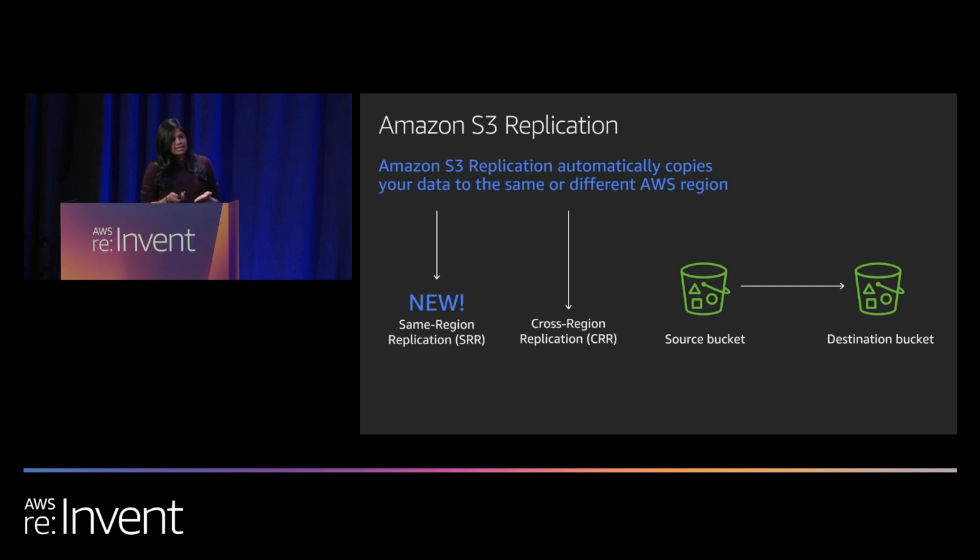Customers asked us to extend this capability so that they can have a destination bucket in the same AWS region as the source bucket, and we recently announced just that. Let's take a closer look at how you can best use the capabilities of S3 replication.